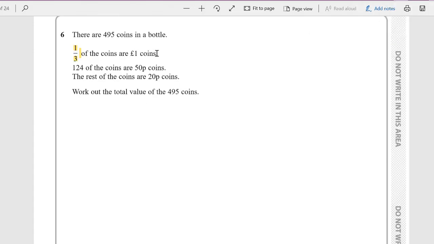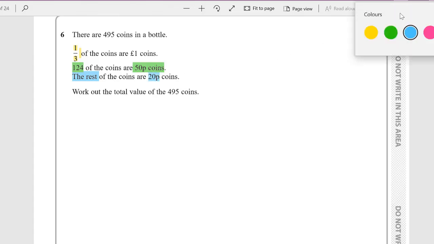So a third are £1 coins. So 124 are 50p coins. And then it says the rest are 20p coins. Okay.